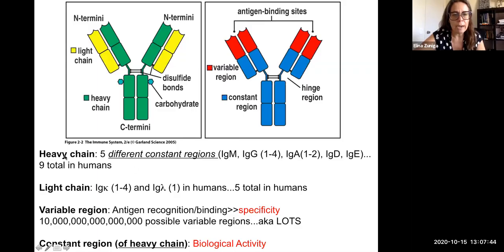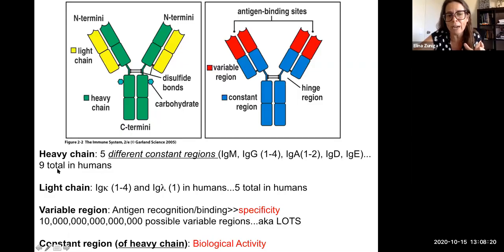And so now the heavy chains can have 5 different constant regions, and truly there are even variants within these 5 classes, okay? The 5 main classes are called immunoglobulin M, immunoglobulin G, immunoglobulin A, immunoglobulin D, and immunoglobulin E. Within G, we have 4 subclasses, and within A, we have 2 subclasses, okay?